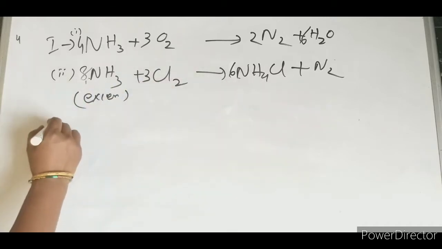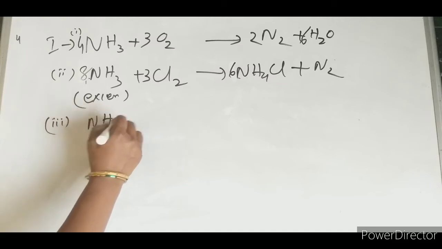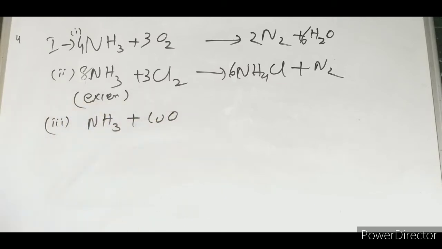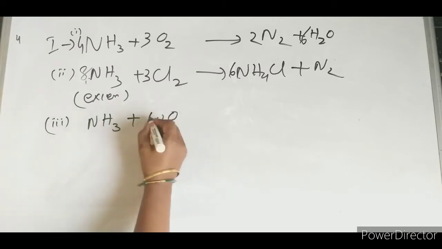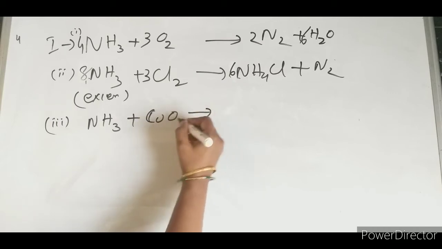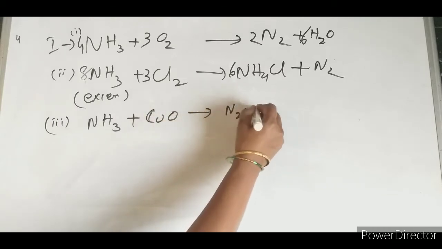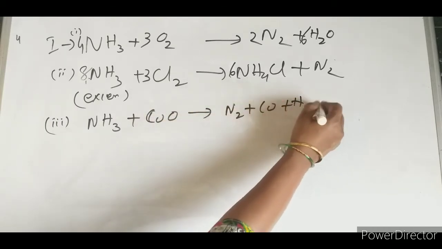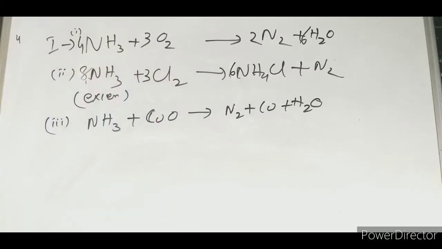So here, the third one can also be ammonia with copper oxide. All these are the possibilities. You can write anything. So ammonia with copper oxide gives rise to nitrogen, copper and water.